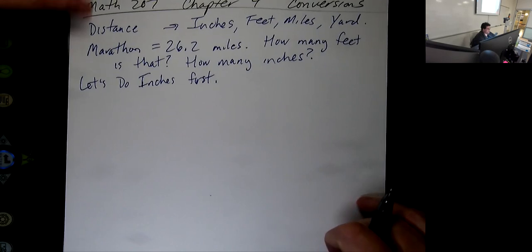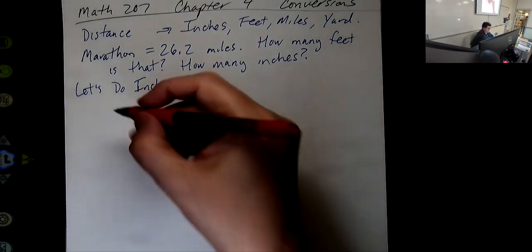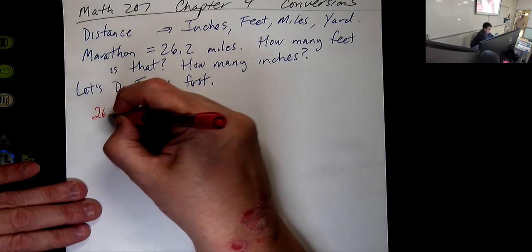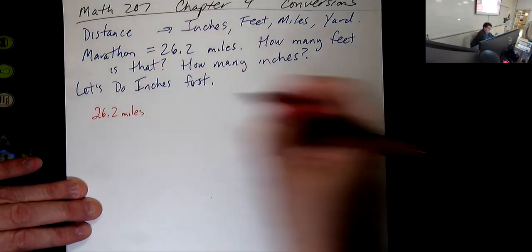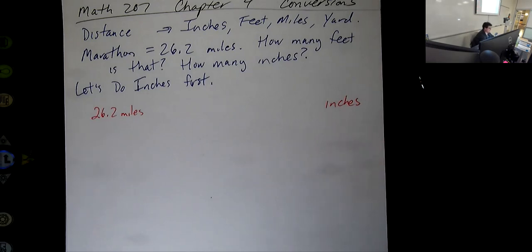In the interest of saving time, this seems like the best way. You wouldn't do this in real life, you do the feet first, but I think to teach it. So if we look at the table, we want to start with 26.2 miles and end with some unknown value in inches.